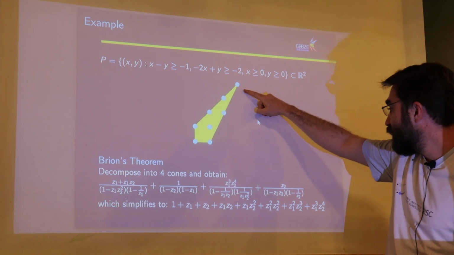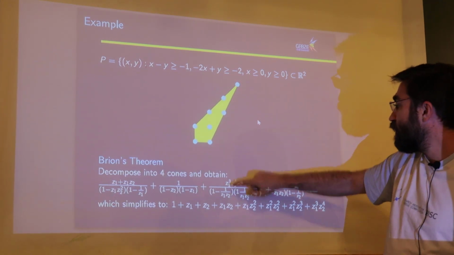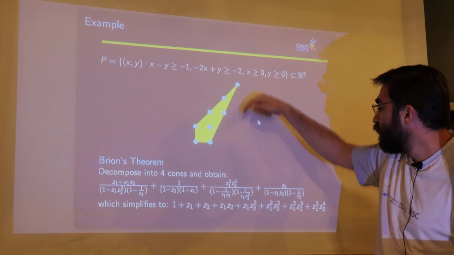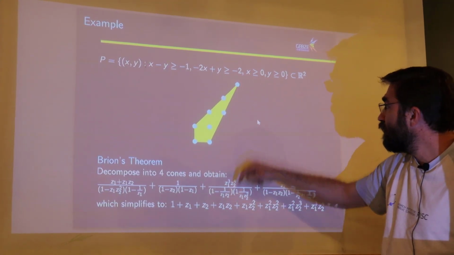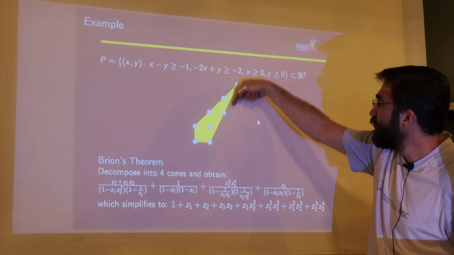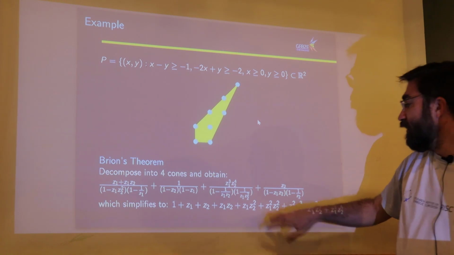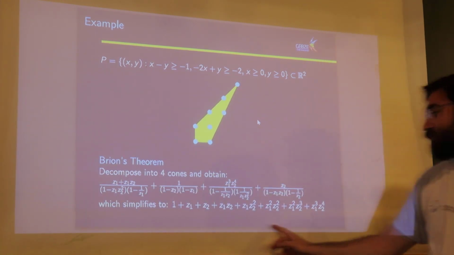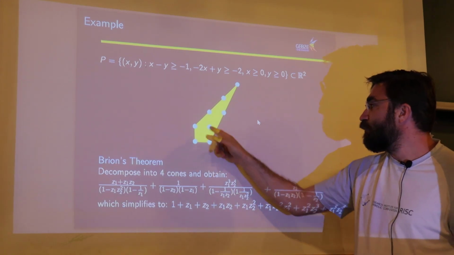That's also quite easy to find. It's that, because the apex is shifted by 3, 4. And the generators are minus 1, minus 1, which is this one, and 1, minus 2, which is that, right? And if you actually do this computation, you end up with this polynomial, which is exactly the lattice points.